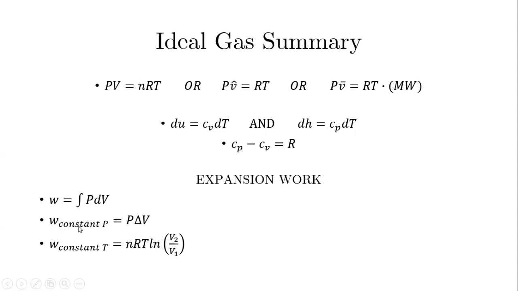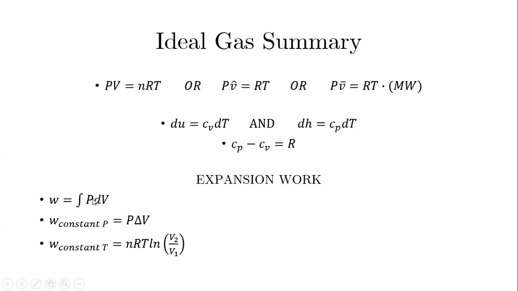If I hold T constant, what I could do is, look, I have this P here, and if you want to derive it yourself, go ahead. I can isolate P from PV equal to nRT, so P is nRT over V, and throw that in here. Then I have an integral with respect to V. If T is constant, I can take nRT out of the integral.